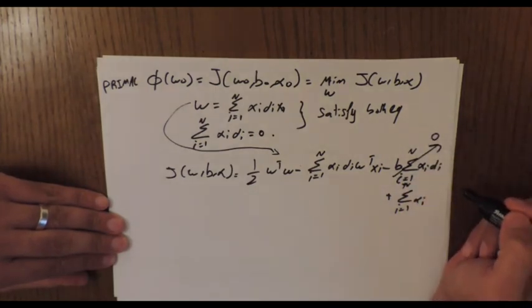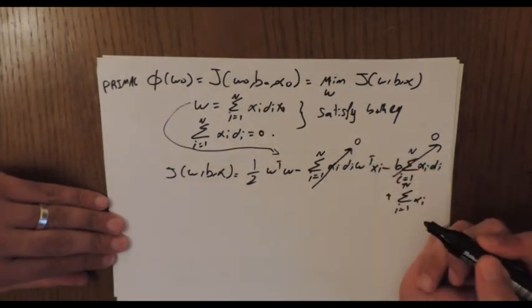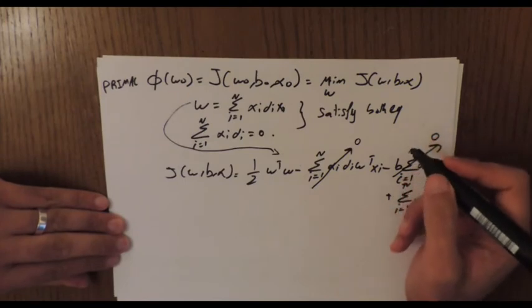We have also this alpha I di, this will also be set to 0. So now what I'm left with is the following.